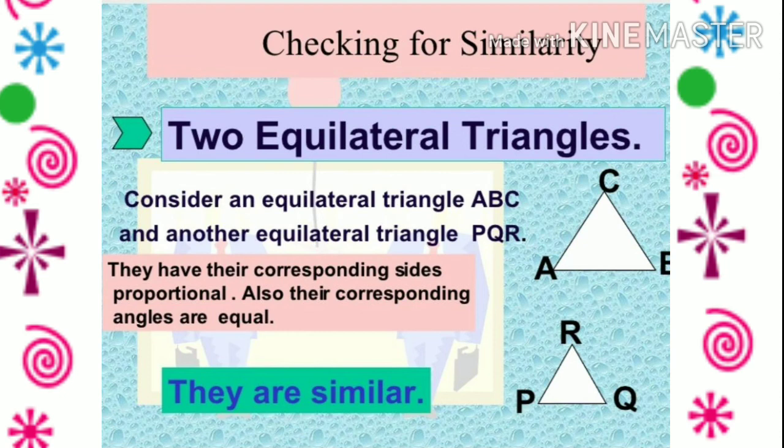Sides can vary but the angles are equal. They have their corresponding sides proportional. Also, their corresponding angles are equal. So the two equilateral triangles are similar.